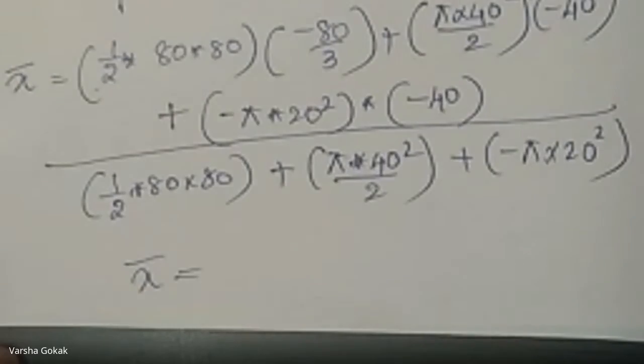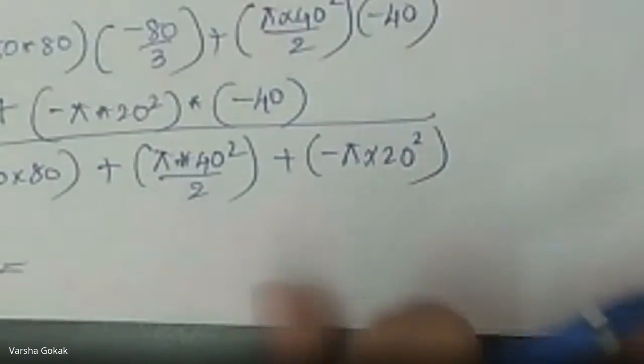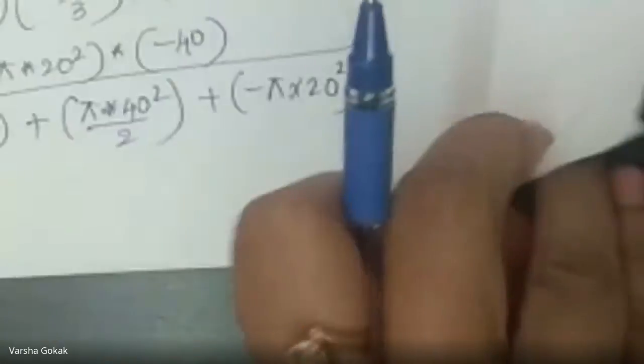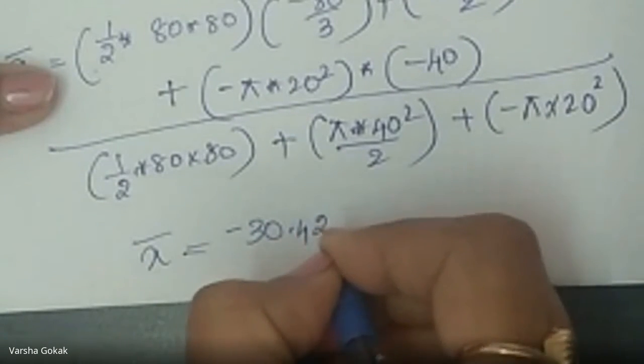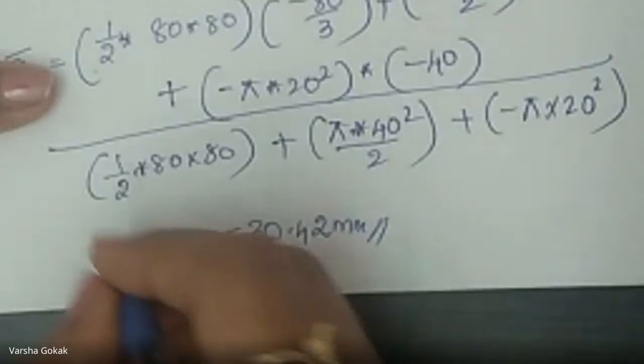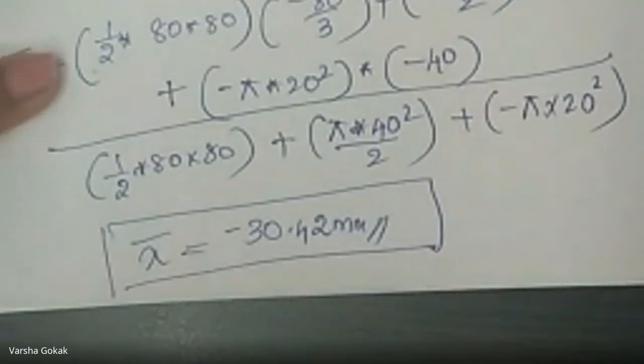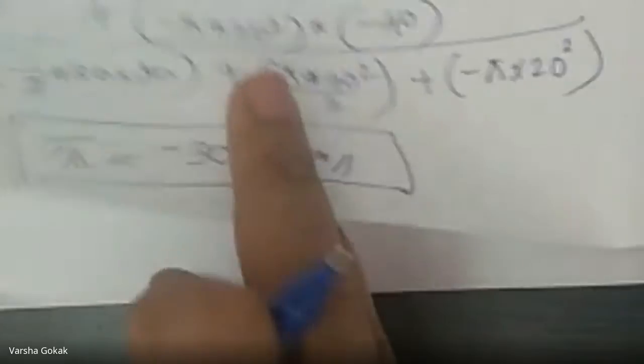Minus 30.42, correct. X bar is minus 30.42 mm. Absolutely right. Okay, we'll calculate the y bar.